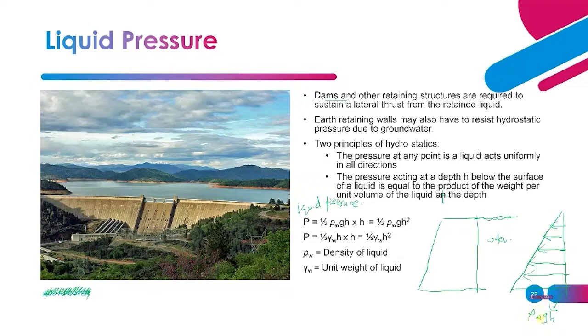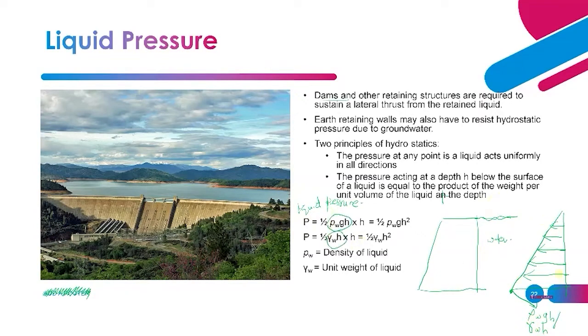So this is the value of pressure at the bottom. This is not P, this is the density of water, or unit weight of water, times H. When you want to calculate the total pressure, the whole thing, you need to calculate the area. The value here is density of water times g times H, or unit weight of water times H. Why half?